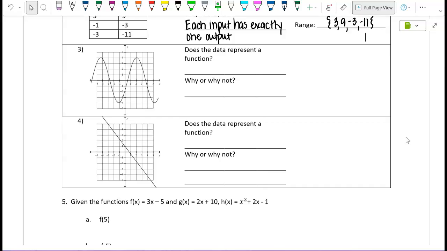Okay. So in number 3, does this graph represent a function? This is a function. And what could we put for our why? It passes the vertical line test.